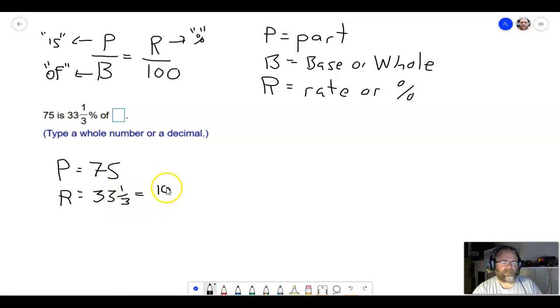So to write that as an improper fraction, it's going to be 100 over 3. Your TI-30 XS MultiView has a function there that converts numbers into improper fractions as well.